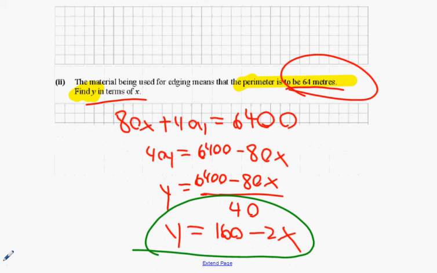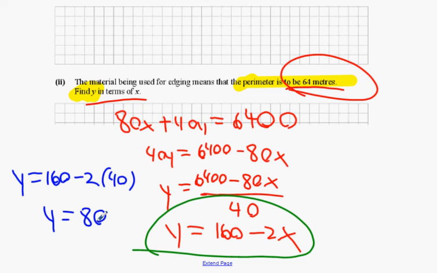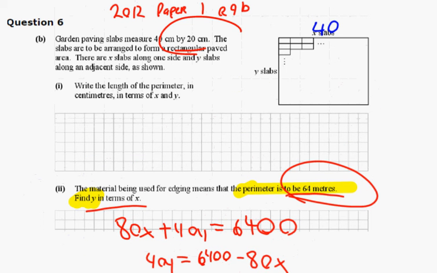That tells us how to get the y value using x. y equals 160 minus 2 times the x value. The y value is 80. We fit 80 slabs down and 40 slabs across. So 80 down, 40 across. How many slabs is that in total? 3,200. 80 slabs down, 40 slabs across, 3,200.